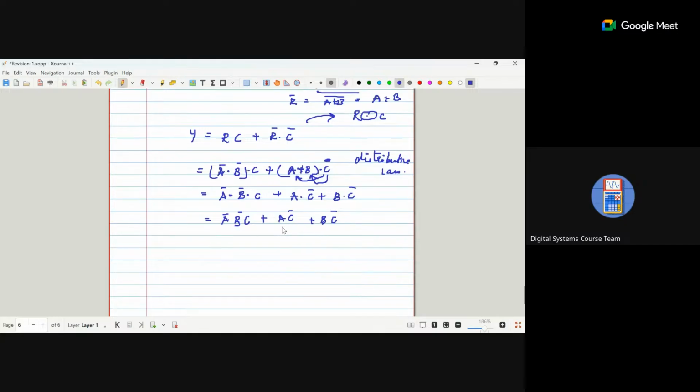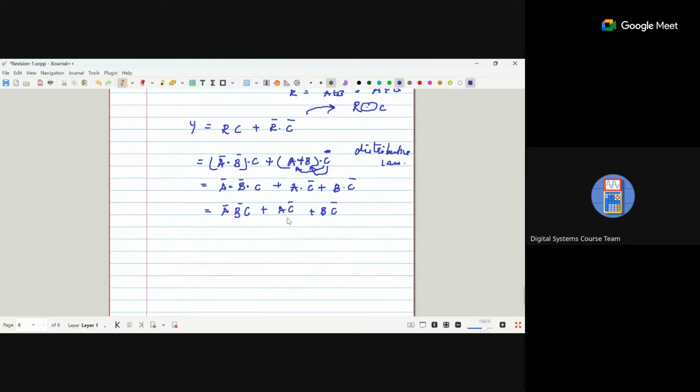Another thing is, whenever you want to find minterms or maxterms, it will be easier if you have all three terms. In the question you have A, B, C. So if you have all three terms, it will be easier for you to find it. To introduce that, what is B plus B bar, or anything, let's say X plus X bar?